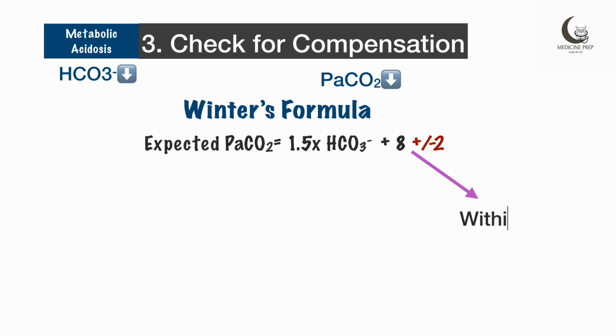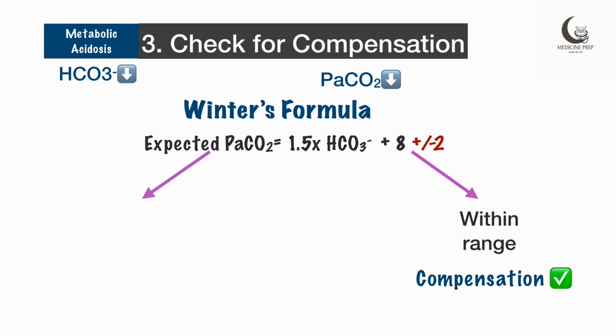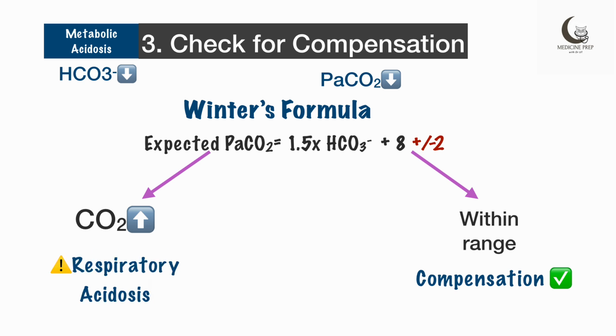Now, if your measured arterial carbon dioxide is within the expected range, the respiratory compensation is appropriate. If it is higher than expected, the patient also has some respiratory acidosis. If it is lower than expected, then there is an additional respiratory alkalosis.